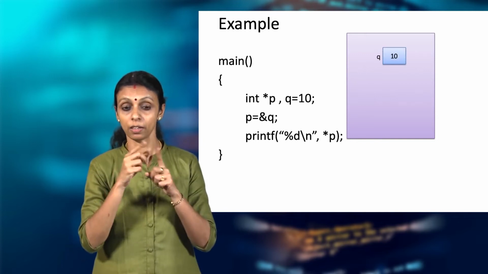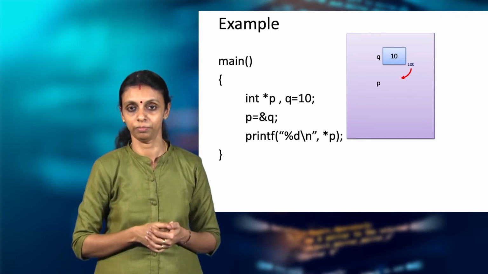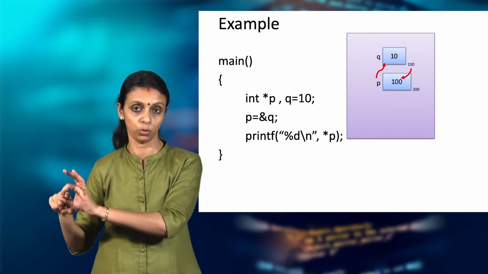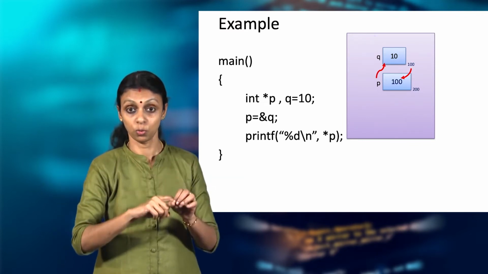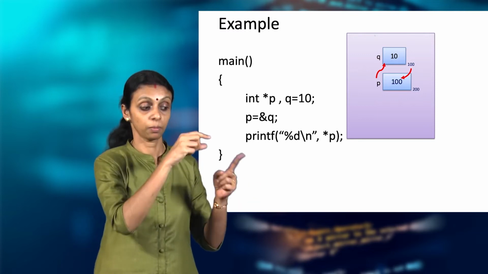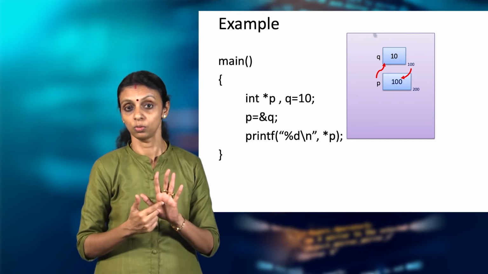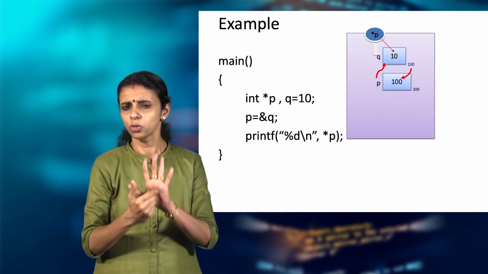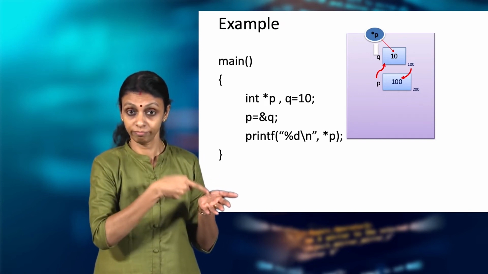We can also say p points to an integer variable. p = &q stores the address of q in p, say 200. printf *p prints the value stored in the address which is in p.